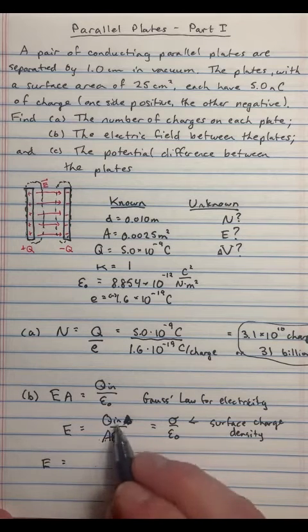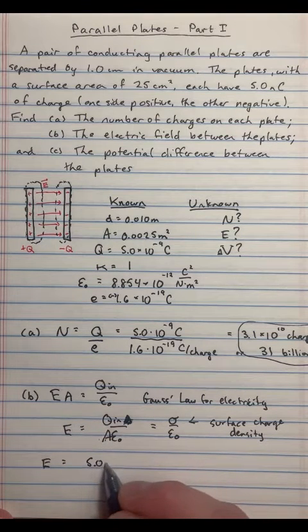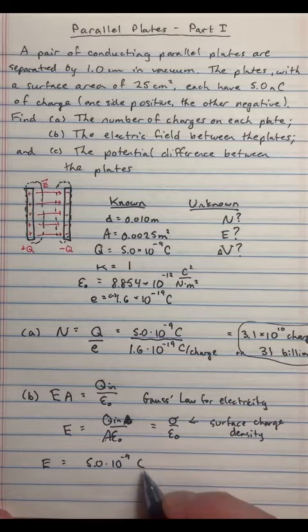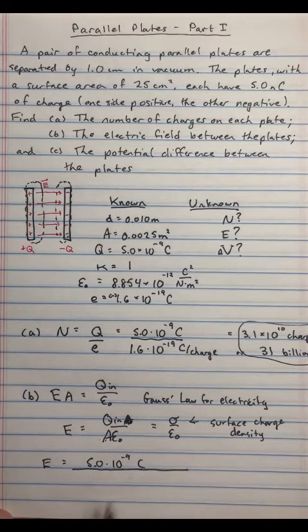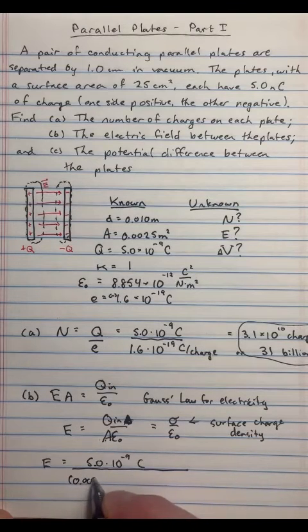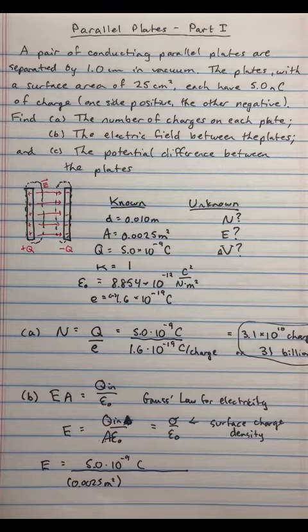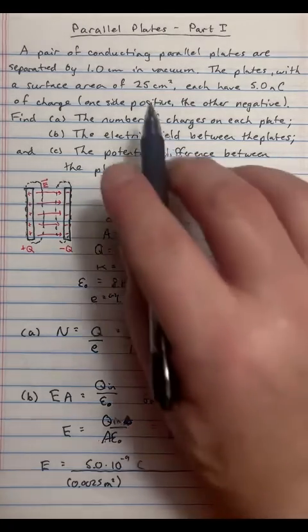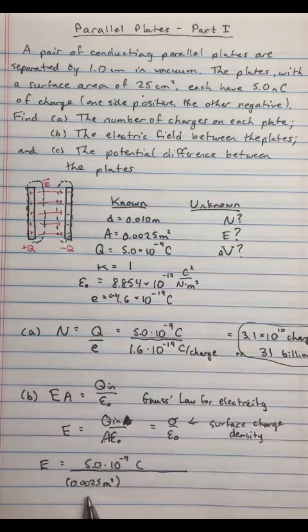So electric field is the total amount of charge, again, 5 times 10 to the minus 9th coulombs. The area, we said before, is 0.0025 square meters. That doesn't sound like a lot of square meters, right? Let's think about it. 1 meter is 100 centimeters, so even a lot of square centimeters ends up being very small in terms of square meters.